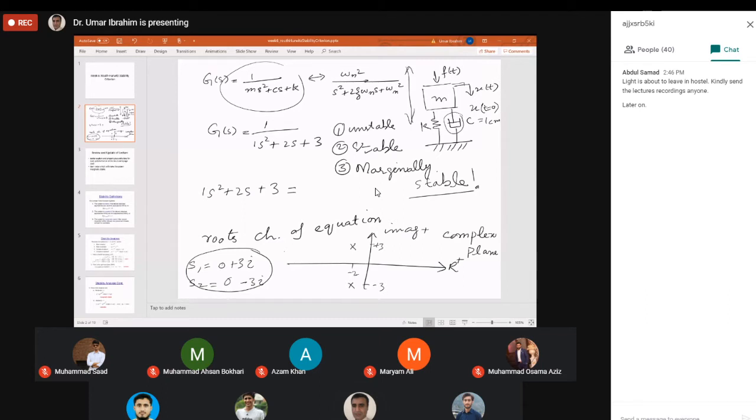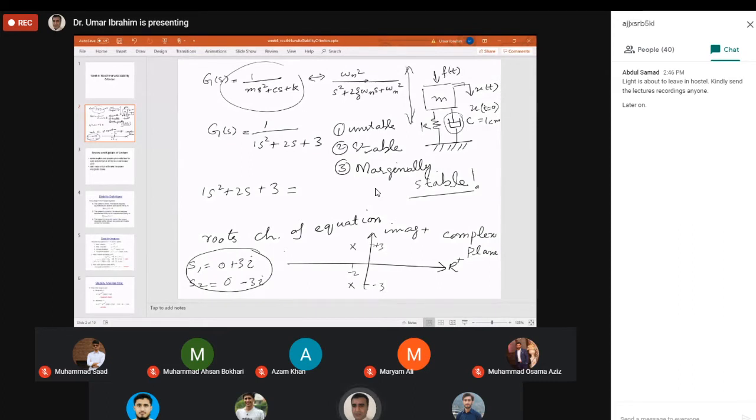Physically, how would you tell if the system is stable? If you give a system a finite input and its response approaches 0 after some time, or when time t approaches infinity, then the system is stable. If its response approaches infinity when time t approaches infinity for a bounded input, then it is unstable.